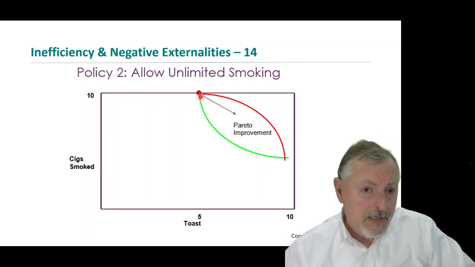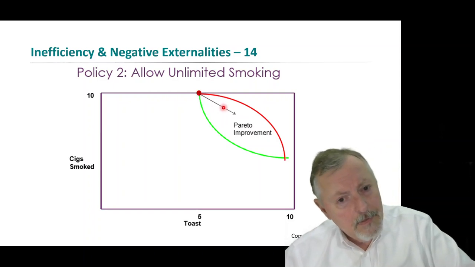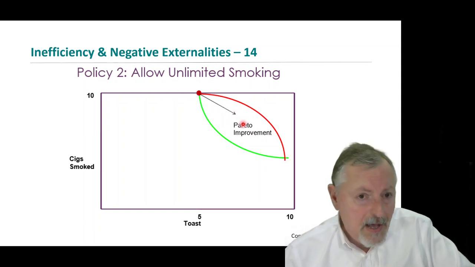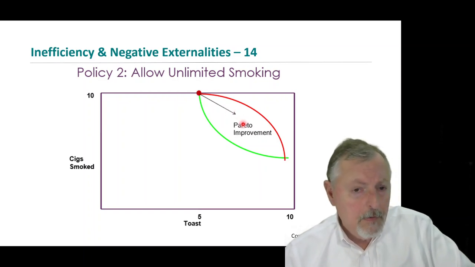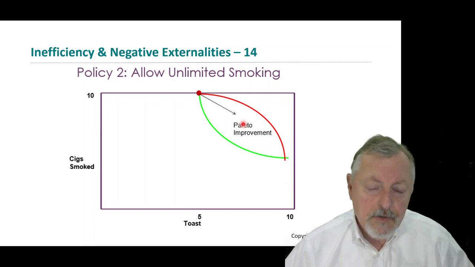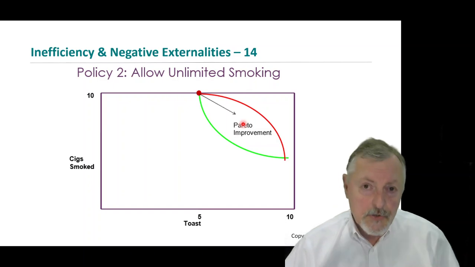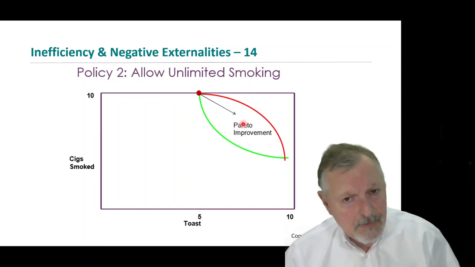Well, if you start out here, a Pareto improvement would be for the non-smoker to give money to the smoker to reduce smoking. But that trade can't happen either. And so there's a trade that could make both sides better off. It doesn't happen. The total surplus of the society is not maximized.